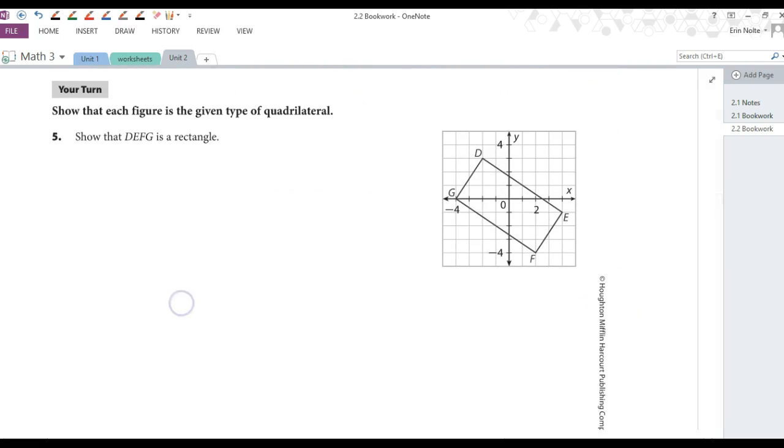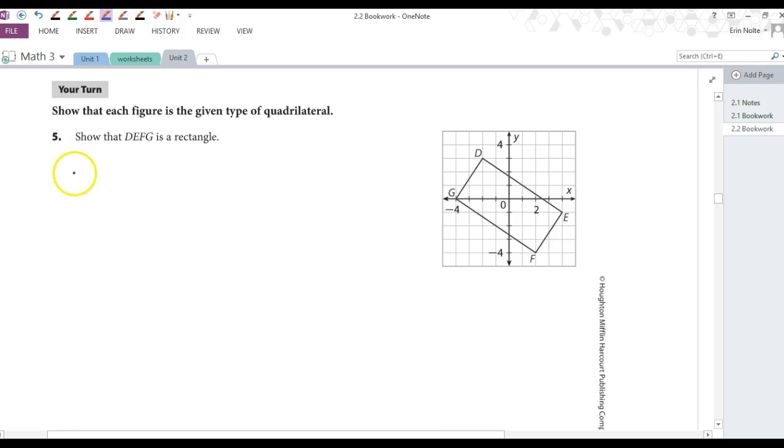Okay. So question number 5, they are asking us to show that this here is a rectangle. Okay, so we are going to prove that it has opposite sides that are parallel and also 4 angles that are right angles.